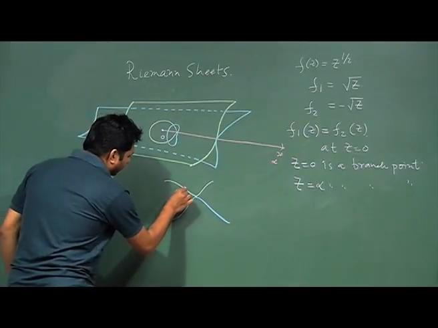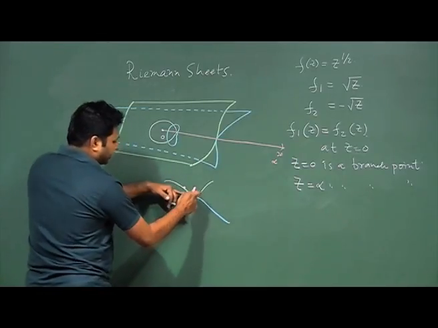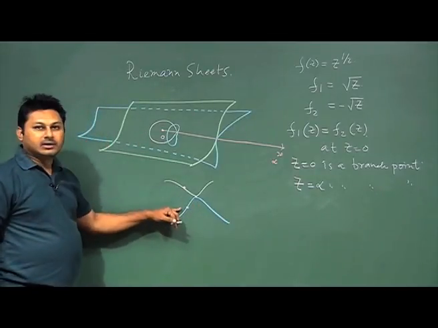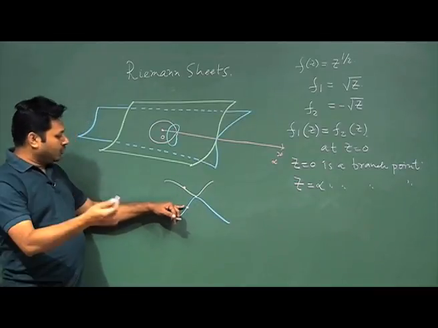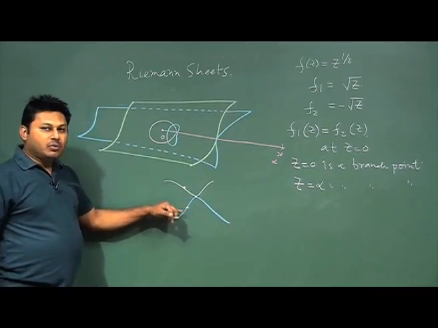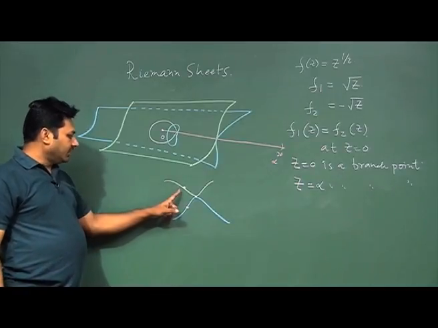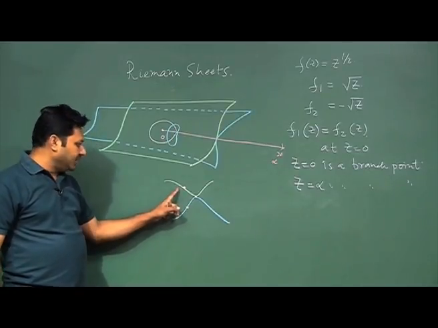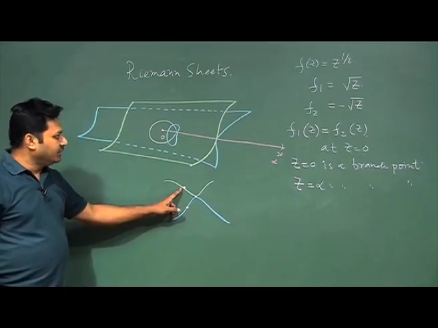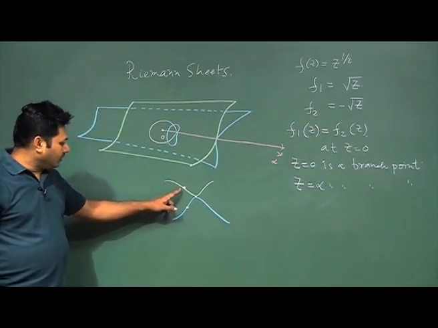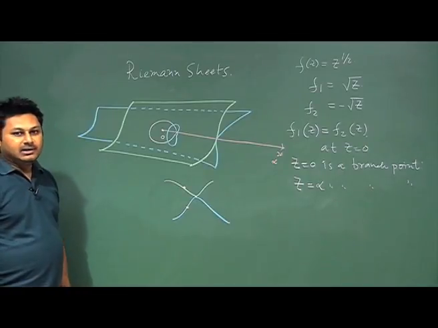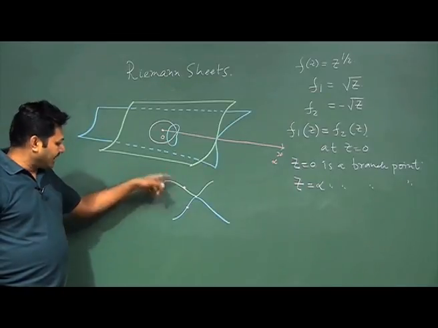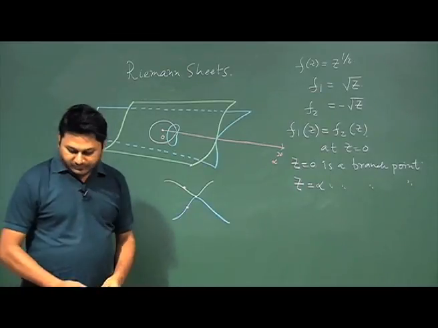If this value is positive, after rotating 2 pi, it goes to the next one. So, now it is clear that when the point is here and when the point is here, I should get two different values. The ambiguity that for the same z I am getting two things is now gone, because these two points I can identify clearly: it crosses the branch cut and slides down to the next point.